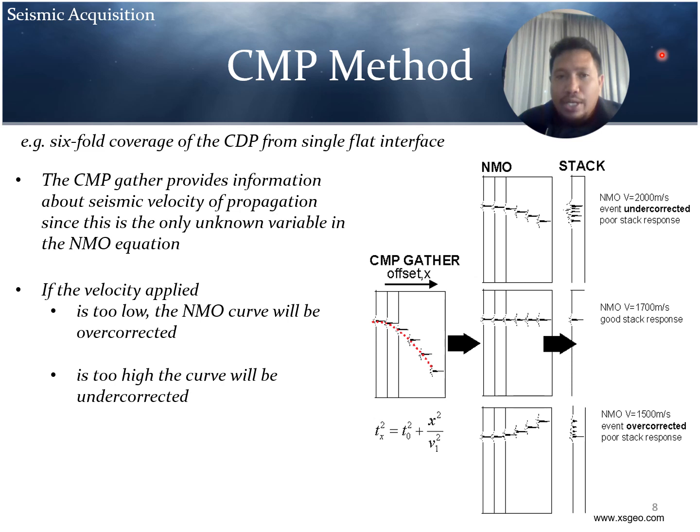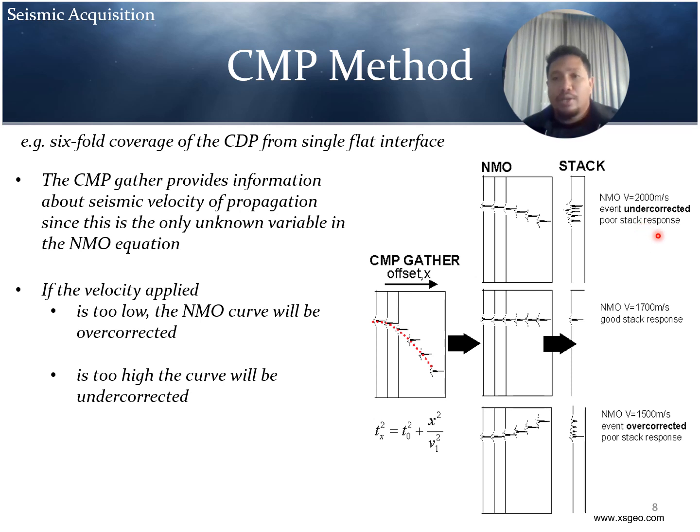And then we also have the undercorrection or undercorrected. This is when we apply an NMO velocity different from what we're supposed to apply. For example, the correct NMO velocity is 1700 meters per second, but we apply 2000 meters per second.